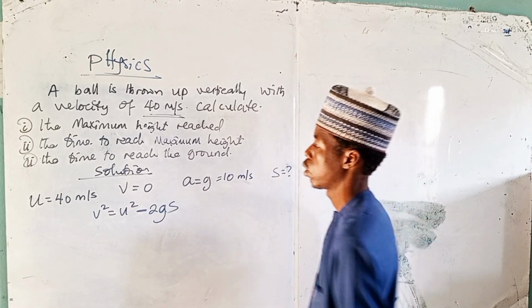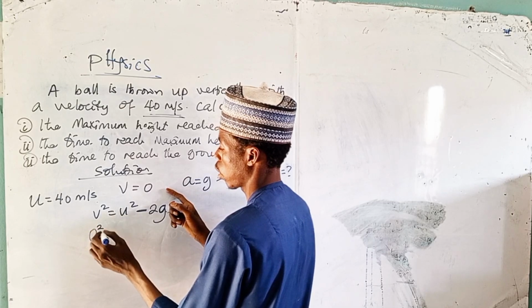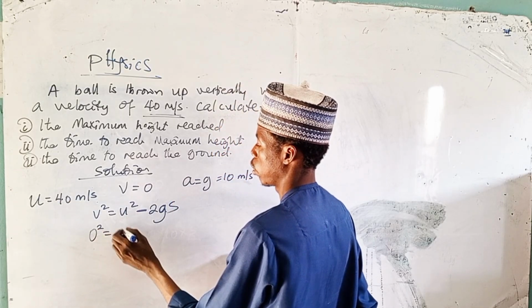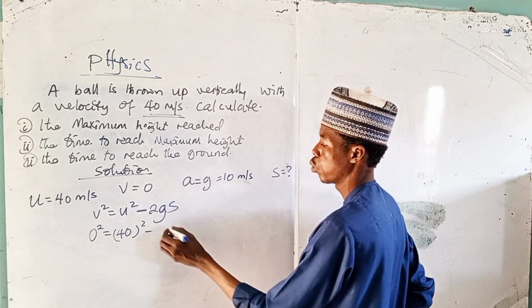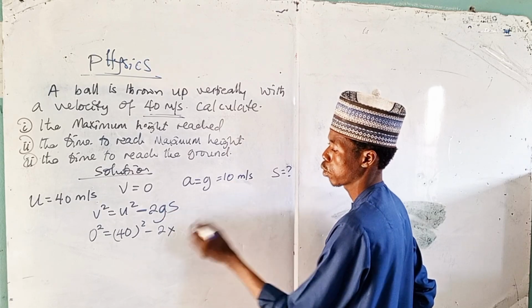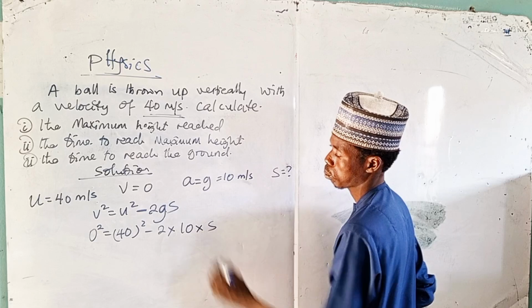So let's substitute. V is 0. So 0 squared equals u is 40 meters per second, then 40 squared minus 2 times the value of g, which is 10 meters per second squared, times the distance s.